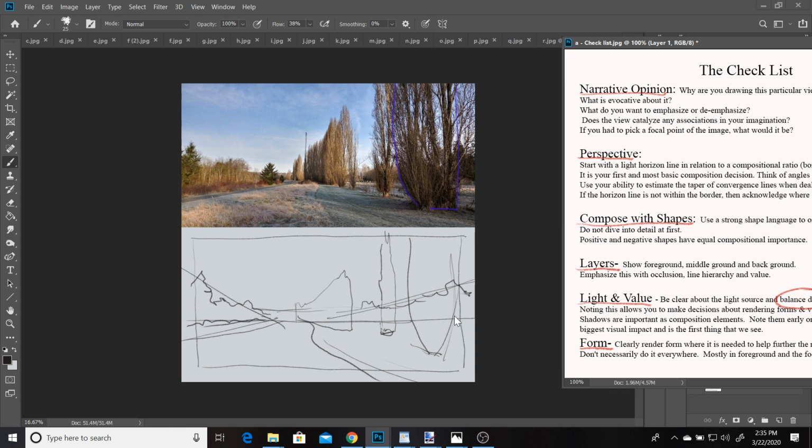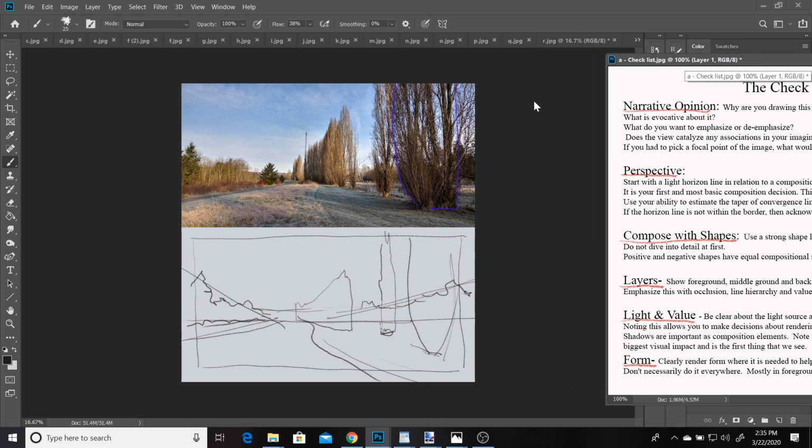I've got layers even in terms of foreground, midground, background, light and value. I can even give that some lip service. Where is this? There we go. And say, yes, I want these shadow forms to be coming across like that. And then even cursory value.